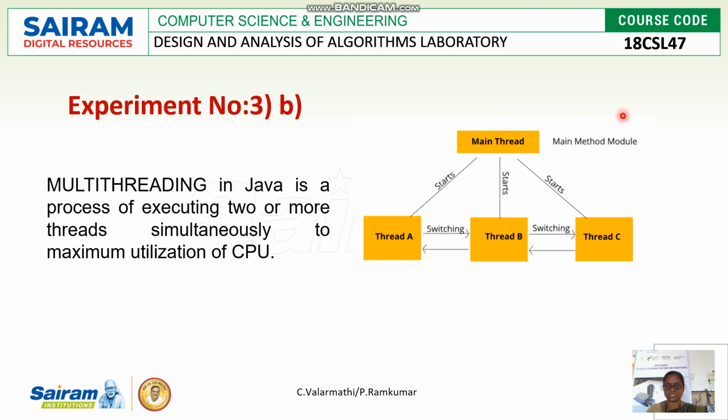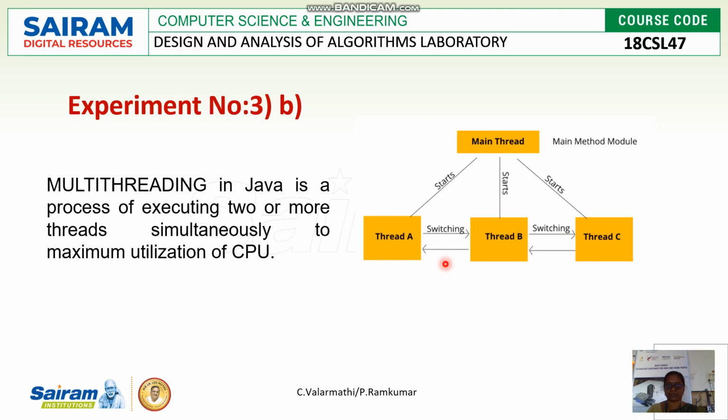On the right side you can see the block diagram of how three threads interact with each other, and how the process of each thread is done with the help of the main thread. Here the main thread is the first thread, and it executes the main method. Then there are three different threads called A thread, B thread and C thread. These threads are started by the main thread, and based on their priority parameter and the importance of their task, they interact with each other.